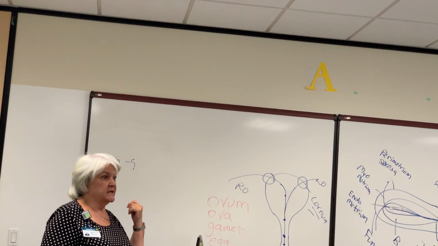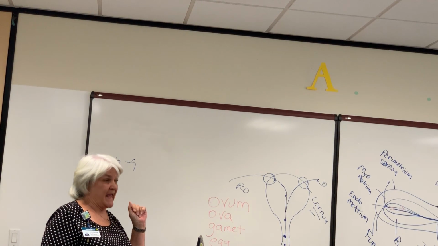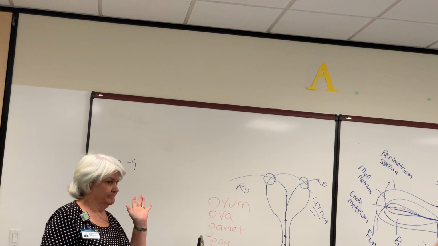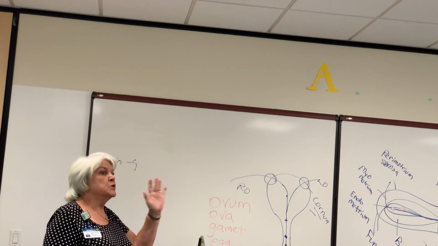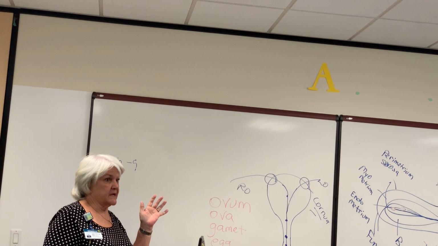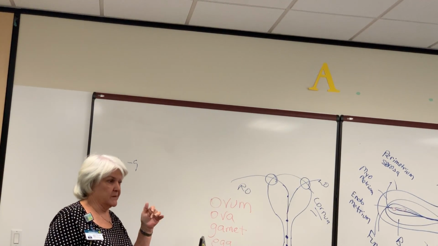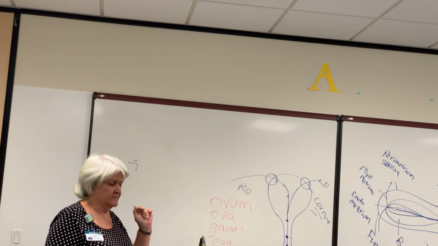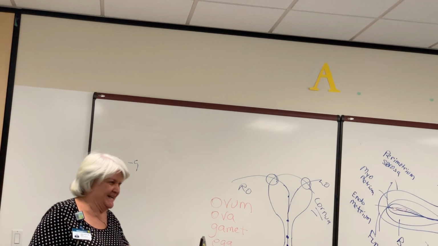You'll hear me call it an ova, an ovum, a gamete, or an egg. You don't know which one the registry is going to ask for, so you have to know all 4 names. They will never call it an egg because that's not politically correct for medical terminology.